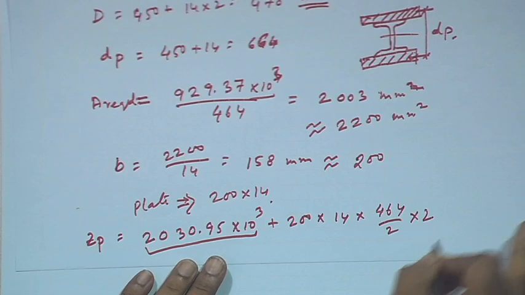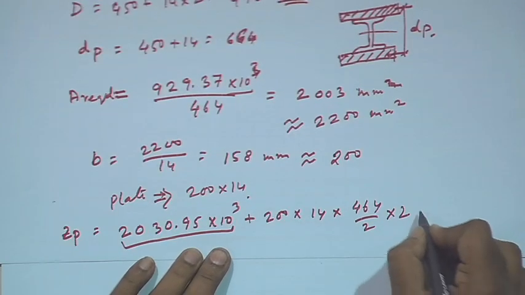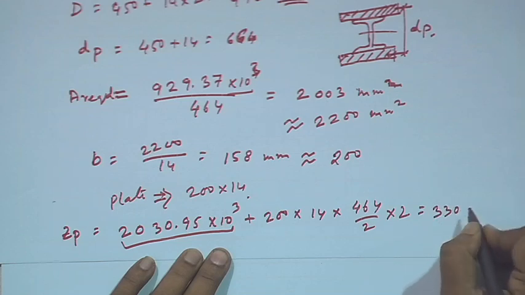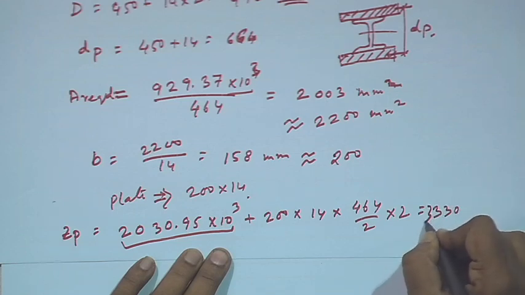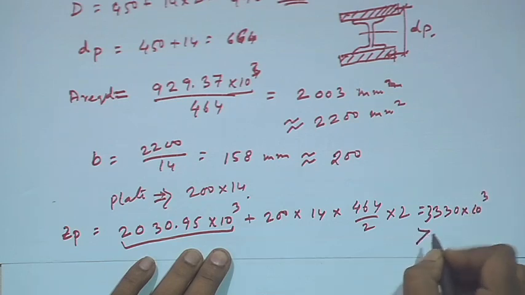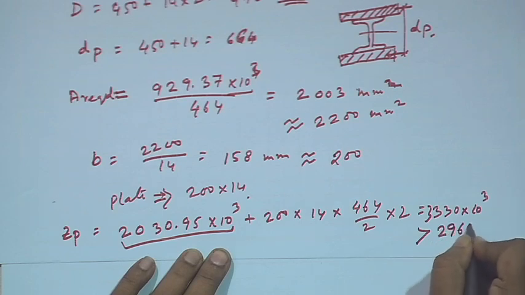Okay. So, the total plastic section modulus is coming as 3330 into 10 cube, which is greater than the required section modulus, which was coming 2960.32 into 10 cube, right.